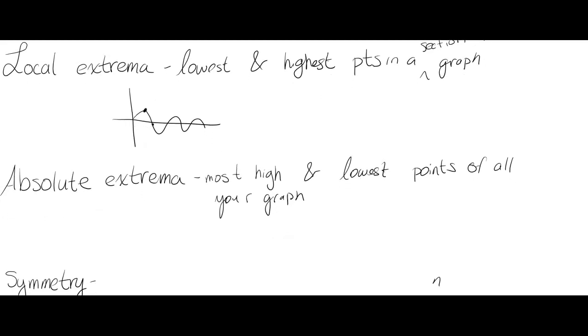So if I'm not looking at this little section, but I look at this whole thing, I see that my absolute maximum, my highest point on that graph, should be at this particular point, and then my actual lowest point would just be right here. So that would be my absolute minimum total.